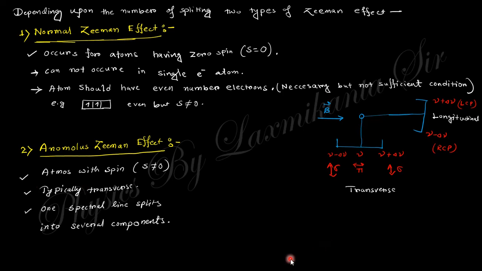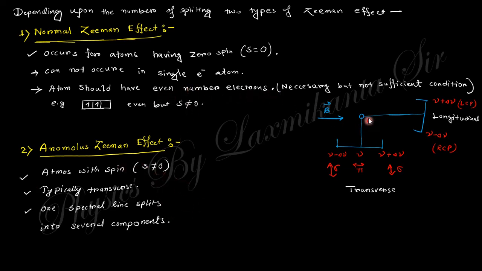These spectra are different, that's why this is called the anomalous Zeeman effect. At that time it was taken as anomalous because spin was not discovered. After discovering spin, they explained that it is due to spin. When spin is 0, you get the normal Zeeman effect. When the spin is not 0, then you get the anomalous Zeeman effect.